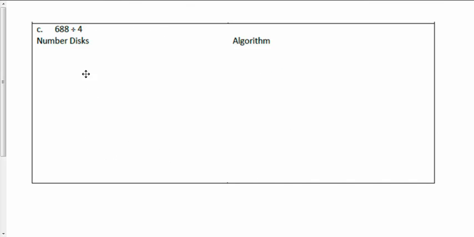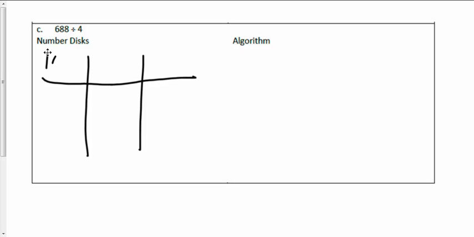We have 688 divided by 4. So let's do our number discs. Tens, and ones.